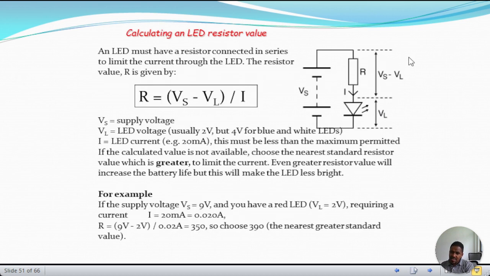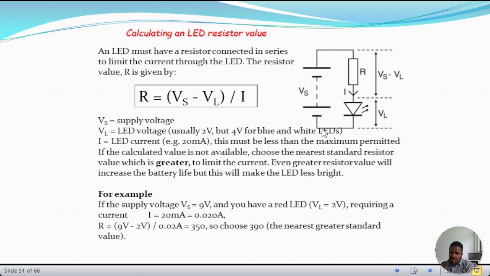So how do we choose a resistor for the LED? An LED must have a resistor connected in series to limit the current through the LED. The resistor value R is given by R equals the source voltage minus the LED voltage, that is, the voltage drop across the LED, divided by the maximum LED current. Vs is the supply voltage, and VL, the LED voltage, is about 2 volts.